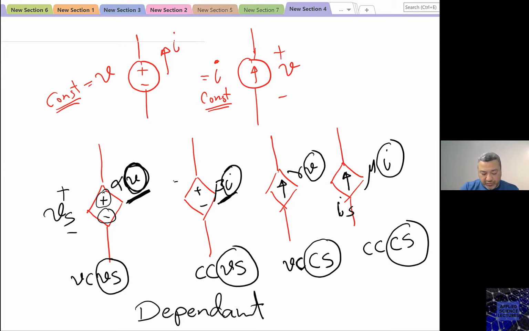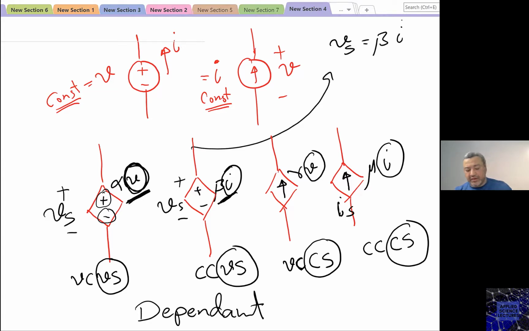If I call this one Vs, and in this case Vs equals beta I, then you can see that the unit for beta is volts per ampere. If you look at this one as Is equals gamma V, then definitely gamma is amperes per volt. So alpha is unitless.